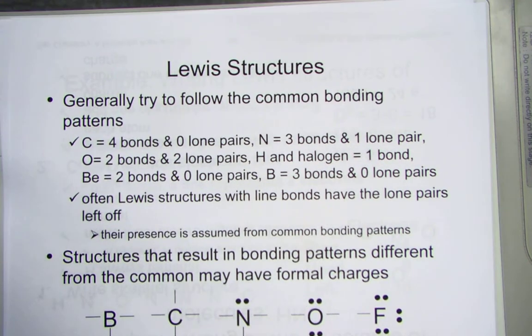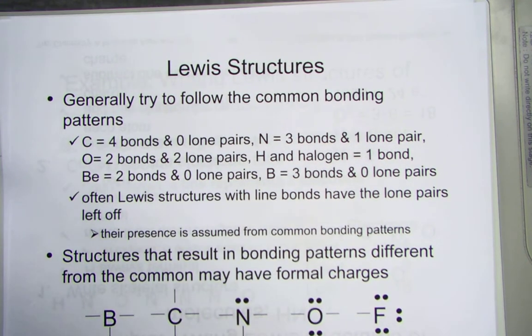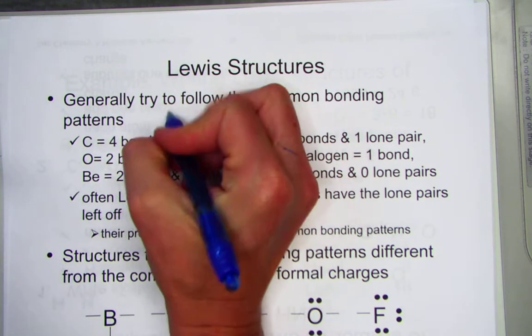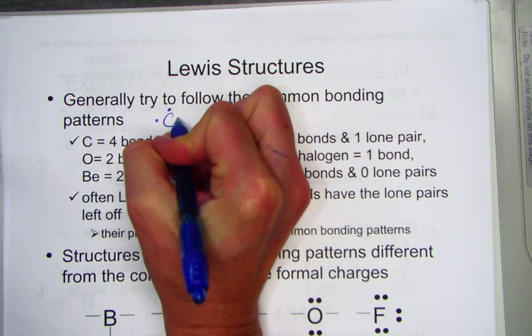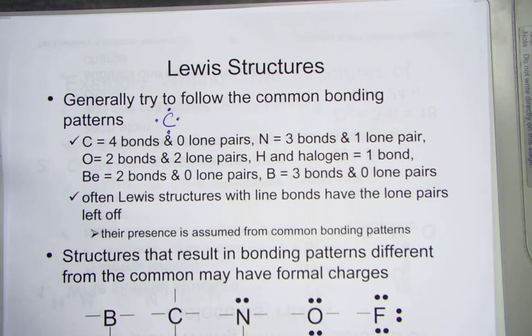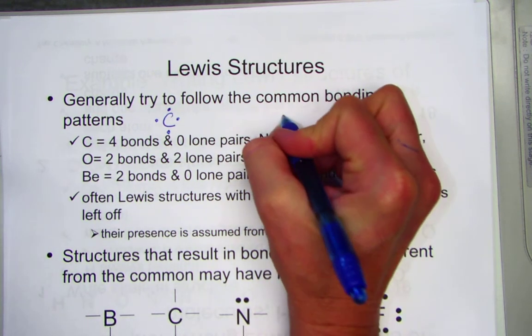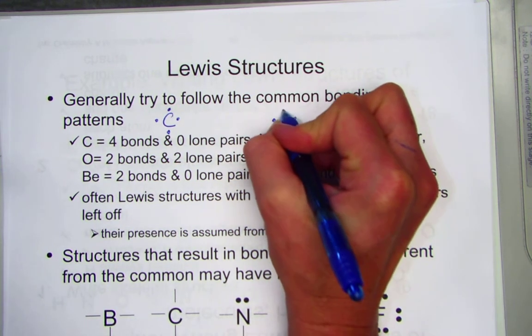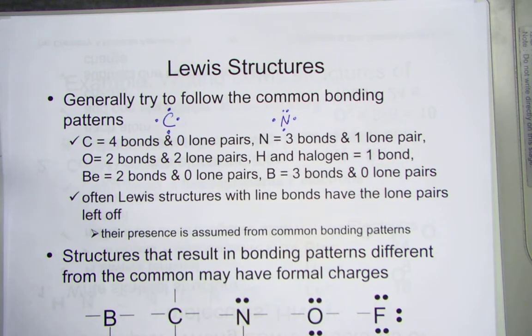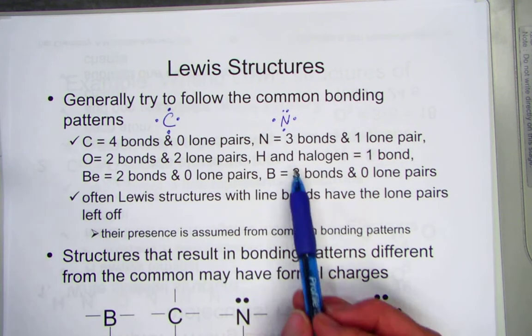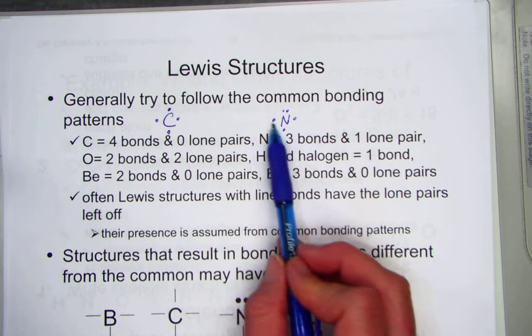Generally, trying to follow the common bonding pattern where carbon has 4 valence electrons. When I write carbon, I always place one around each side first, knowing that I see 4 places to bond. Nitrogen, which has 3 open spots for bonding with its 5 valence electrons, will show 3 bonds and 1 lone pair.